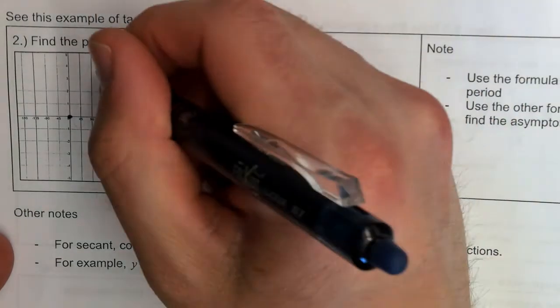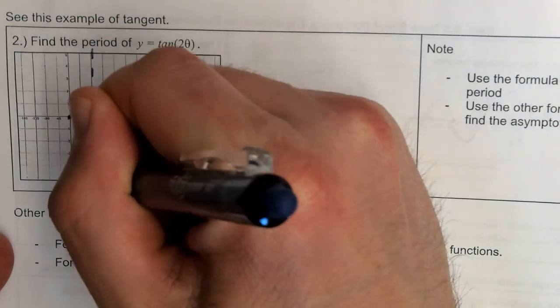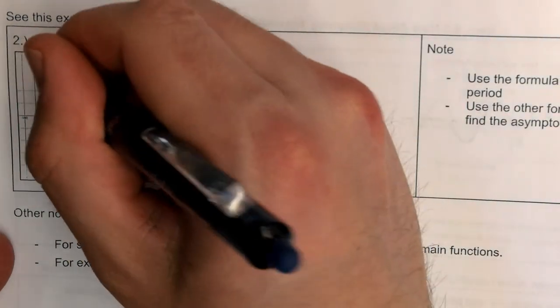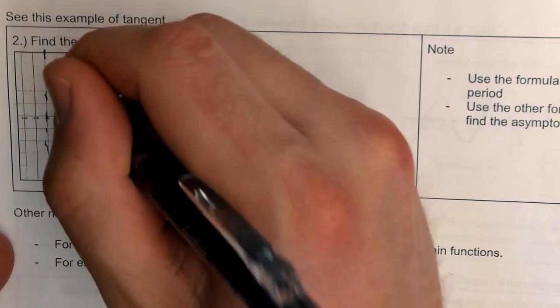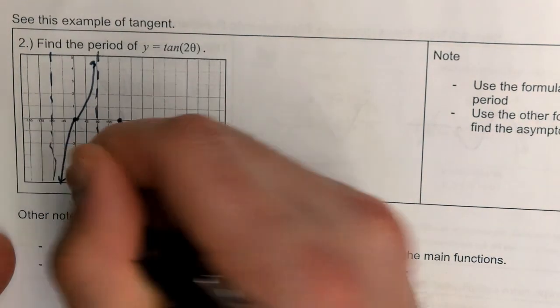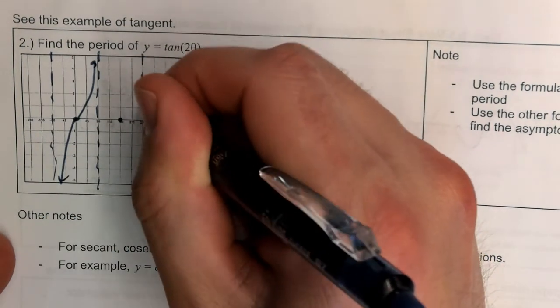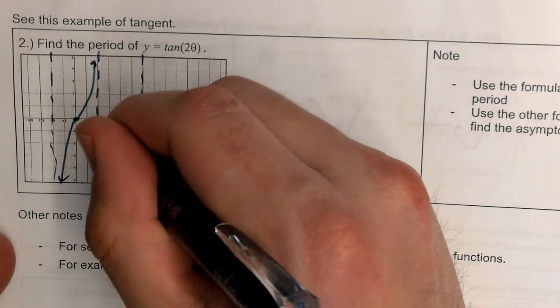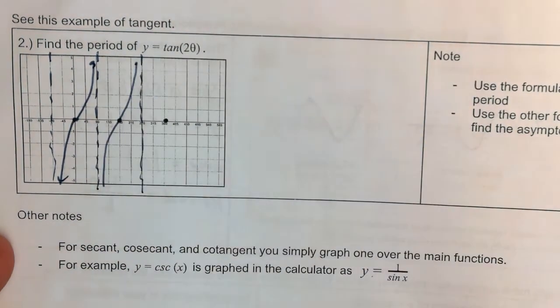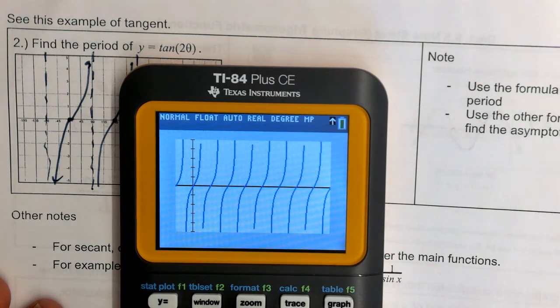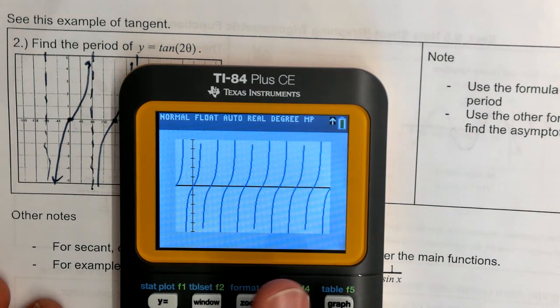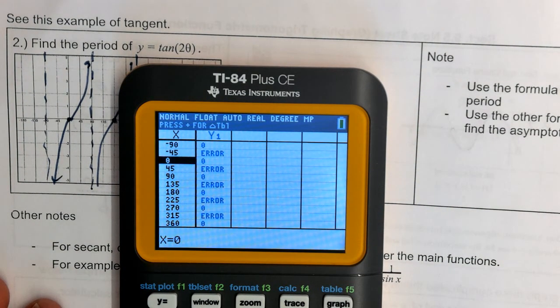So here at 90, you're going to have an asymptote. Here at negative 90, you'll have an asymptote, and that's where you sketch these cubic curve-looking things in between your asymptotes. In the graphing calculator, if you go to the table, you'll see they show up as errors. You could do the table in Desmos as well.